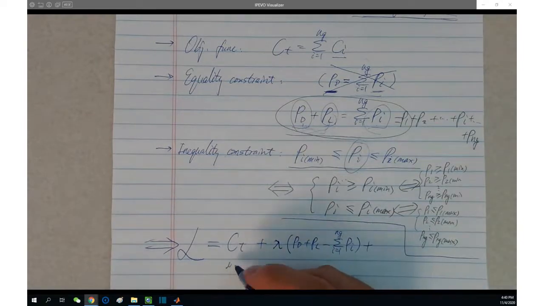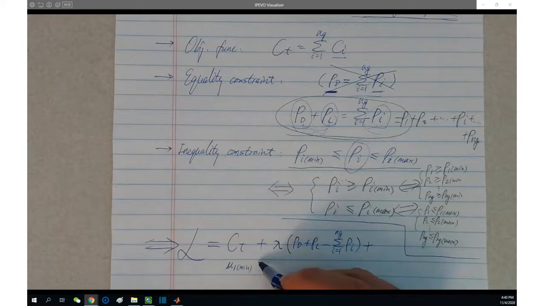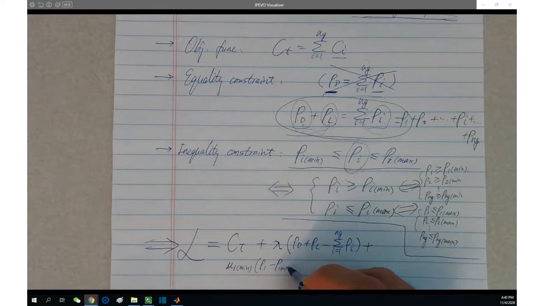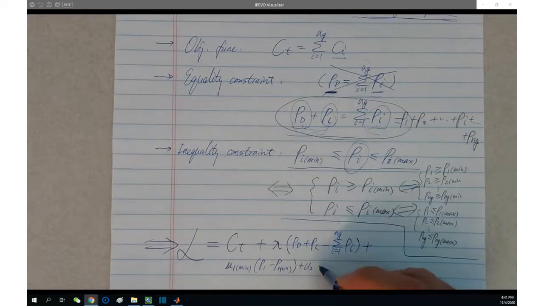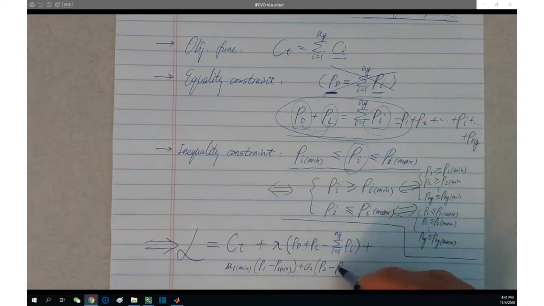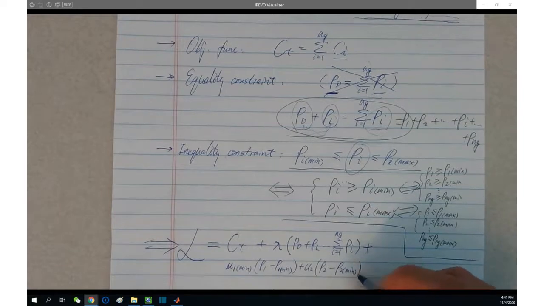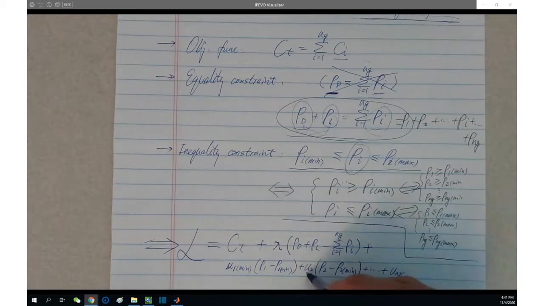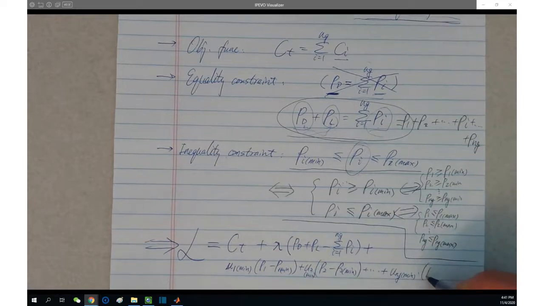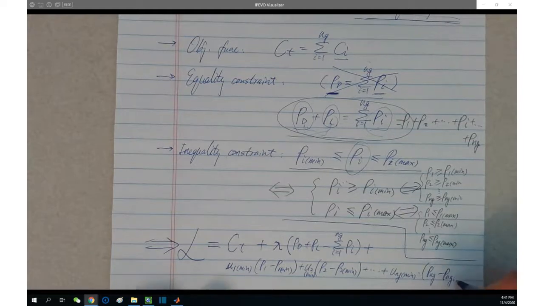First of all, you introduce U1 minimum times P1 minus P1 minimum, plus U2 times P2 minus P2 minimum, plus all the way up to UNG minimum times PNG minus PNG minimum.